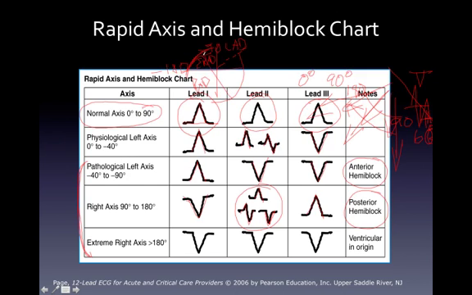So if your electricity was traveling into that quadrant, then to leads 1, 2, and 3, instead of being above the isoelectric line headed towards a positive electrode, you would look like you were headed away from those positive electrodes. That's why extreme right axis deviation gives you a negative presentation in all 3 leads. If we see this, we should consider it ventricular in origin.